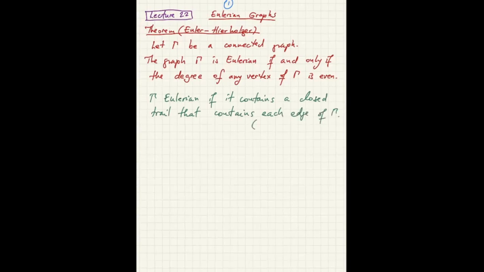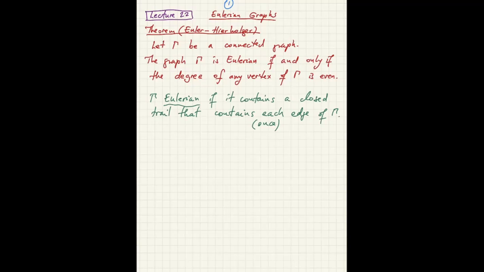So each edge is contained once, because in trails we're not allowed to repeat edges. And closed means that we start at the same vertex where we end up. So we start at vertex X and we go through every edge exactly once and return to vertex X.